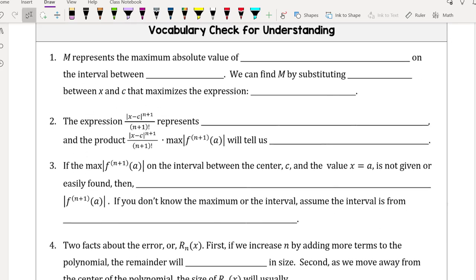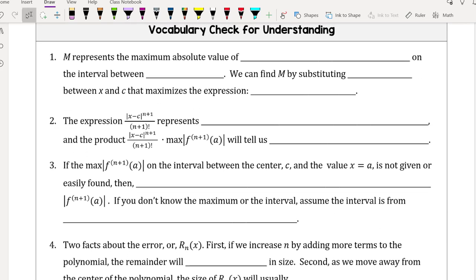Okay, so let's go through the vocabulary for this. M represents the absolute value of the n plus 1 order derivative, which we will have to find on an interval between c and x.